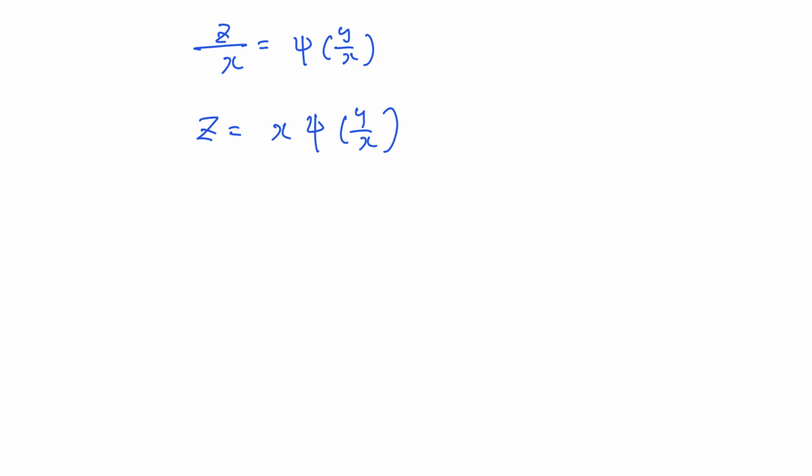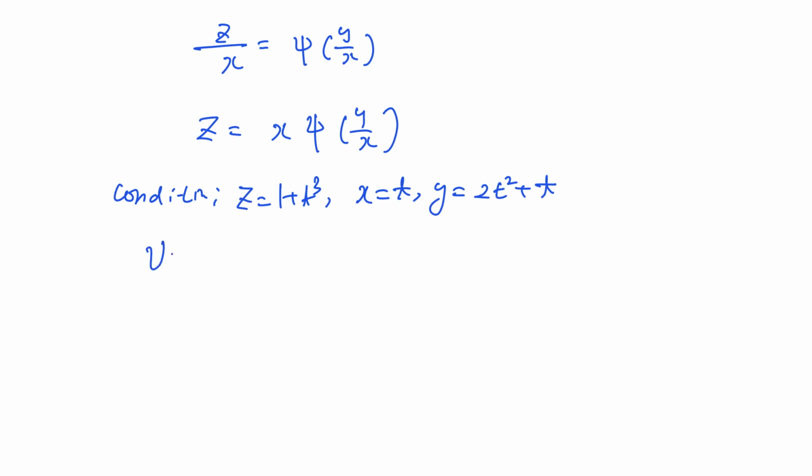Under the condition that z is 1 plus t cubed, x equal to t, y is 2t squared plus t. So v is actually y over x. So you say y over x is 2t squared plus t over t, which is 2t plus 1.